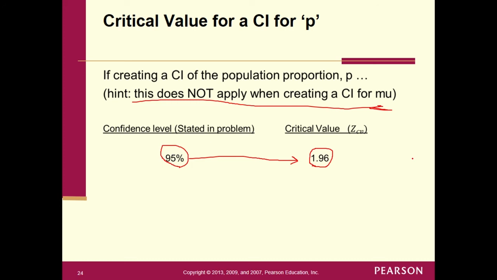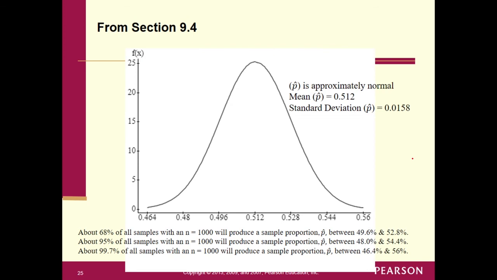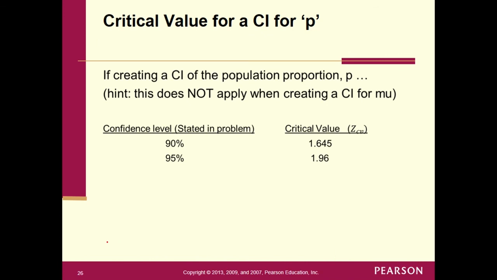Now there are other confidence levels that you can use other than 95%. So where did I get this idea from? Again, it's from right here. I was just trying to stress that with this slide. You can use other confidence levels, like 90%, and the critical value in that case would be 1.645.